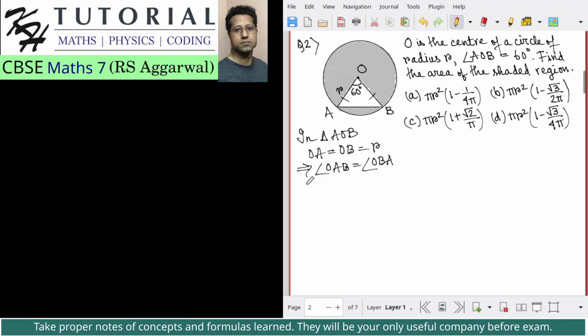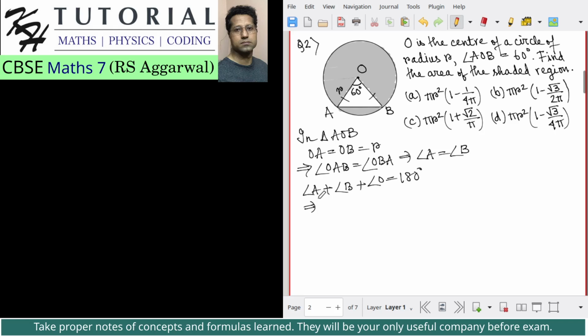Also, we know that the sum of the angles in a triangle is equal to 180 degree. Angle OAB is nothing but angle A. Angle A is equal to angle B, and we have angle A plus angle B plus angle O is equal to 180 degree.